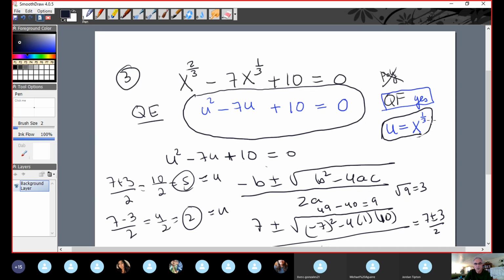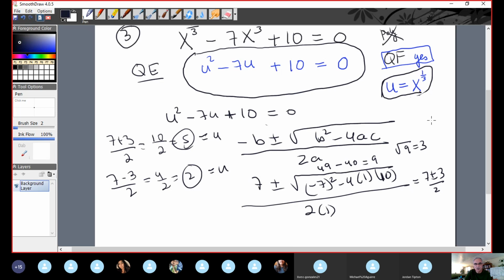Let me know when you finish copying the solution for the quadratic equation. While you copy, let me summarize the idea. We have an equation that is not a polynomial, but it's quadratic in form.